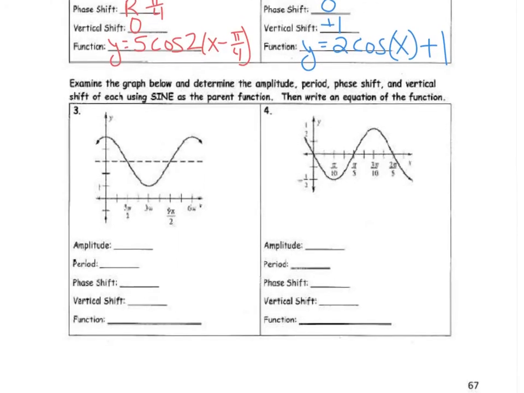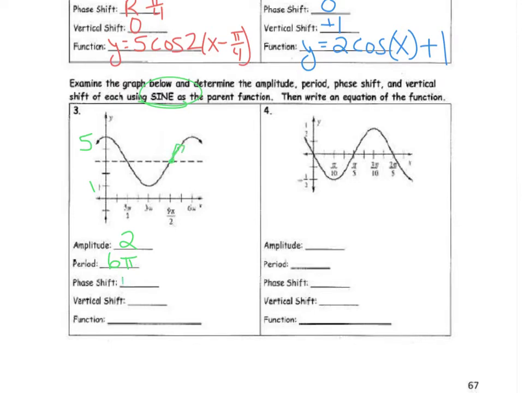Okay, for number 3, now we are doing a sine function as the parent. So the maximum here is at 5, and the minimum is at 1, it looks like. So the amplitude is 2. The period is 6 pi. Because it's a sine function, the middle going up is here.